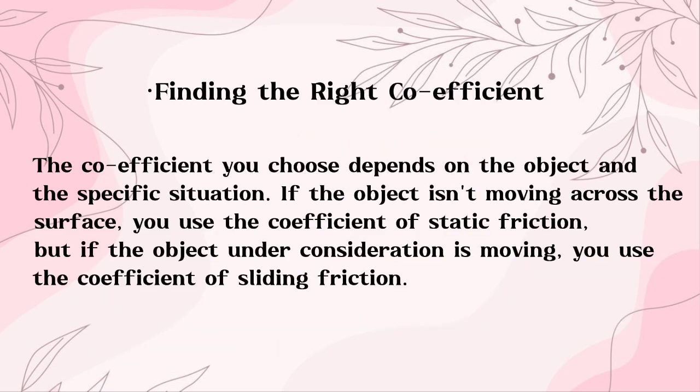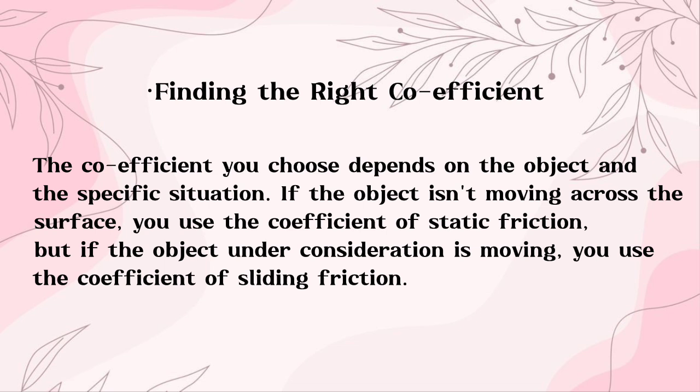Then, finding the right coefficient. The coefficient you choose depends on the object and the specific situation. If the object is not moving across the surface, you use the coefficient of static friction. But if the object under consideration is moving, you use the coefficient of sliding friction.